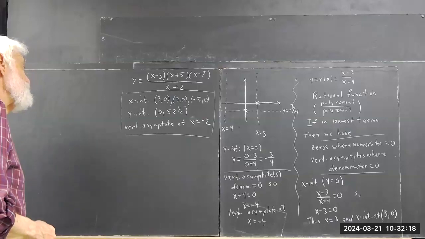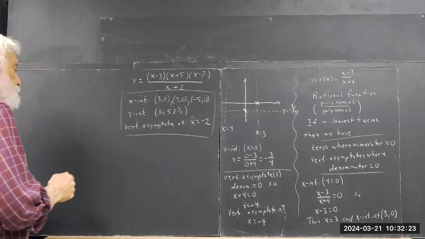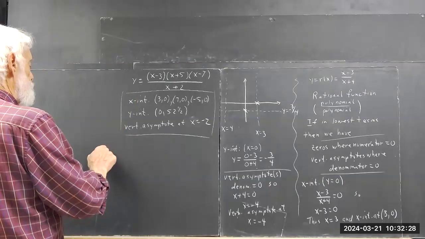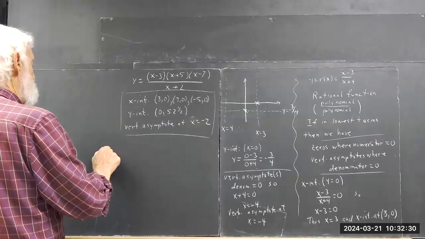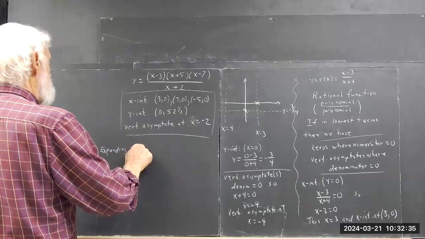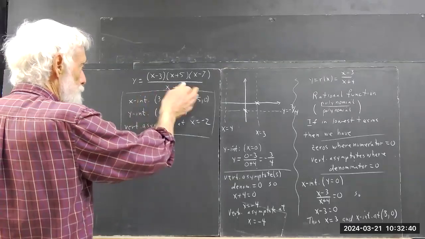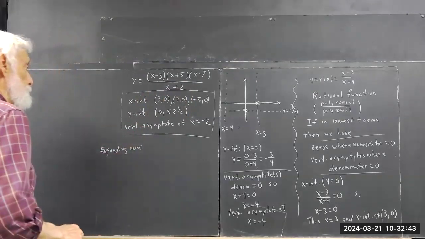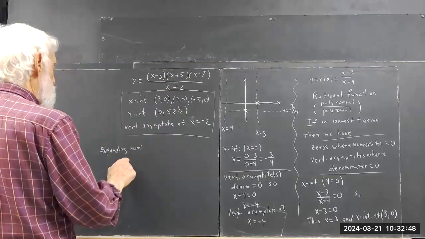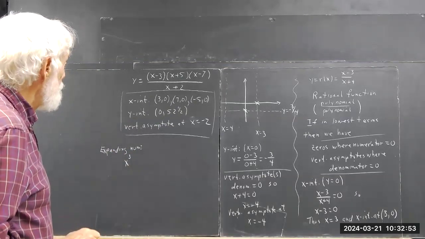Now let's look a little more at the way this function behaves. Okay, so we're going to expand this function. We could expand the denominator also, but we're just going to expand the numerator because the denominator is already expanded. I think we're going to end up with x cubed. Now I'm going to do this in my head, and it'll probably be wrong.